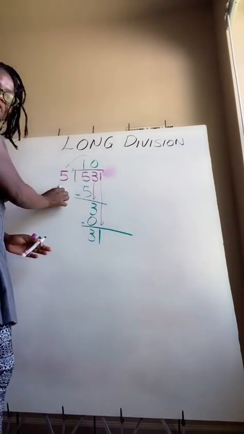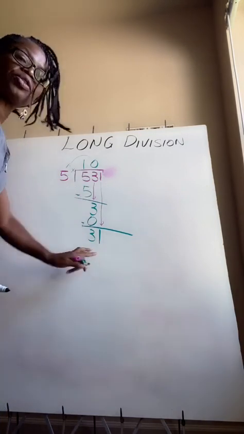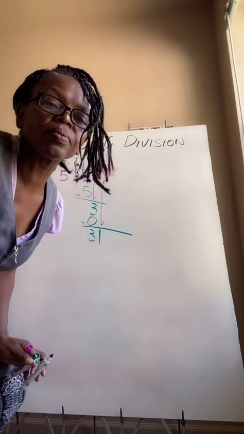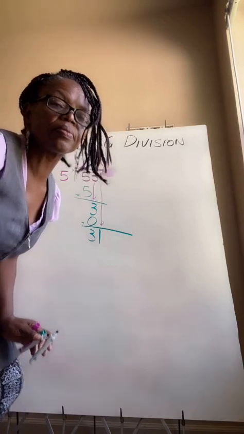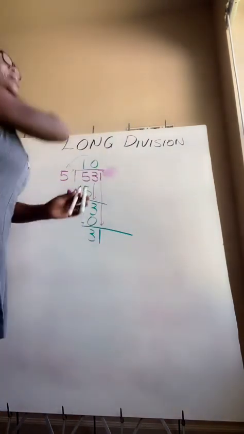How many times does 5 go into 31? Okay, you said 6 times.